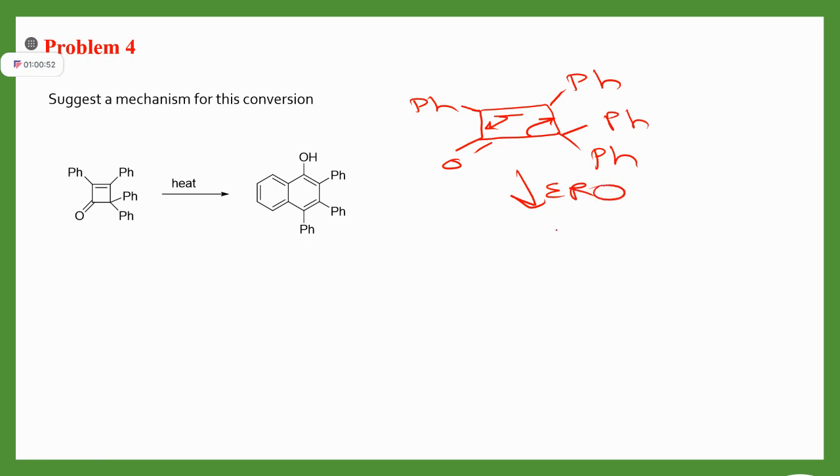How am I telling this? Because cyclobutene is there, heating there. Only the condition is this. And another kick in this question is that you have to just open one of the phenyl rings.